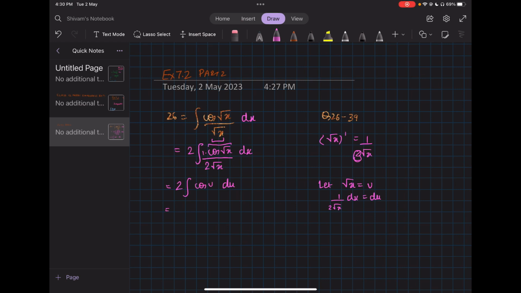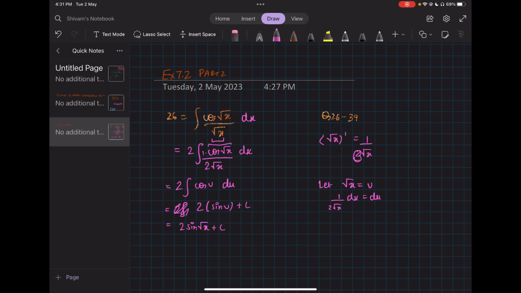Now we're going to integrate in the u world. That's going to give us 2 times sine of u plus c. And now we're going to replace u with what we took u to be. So u was root x. And I believe that is the answer.